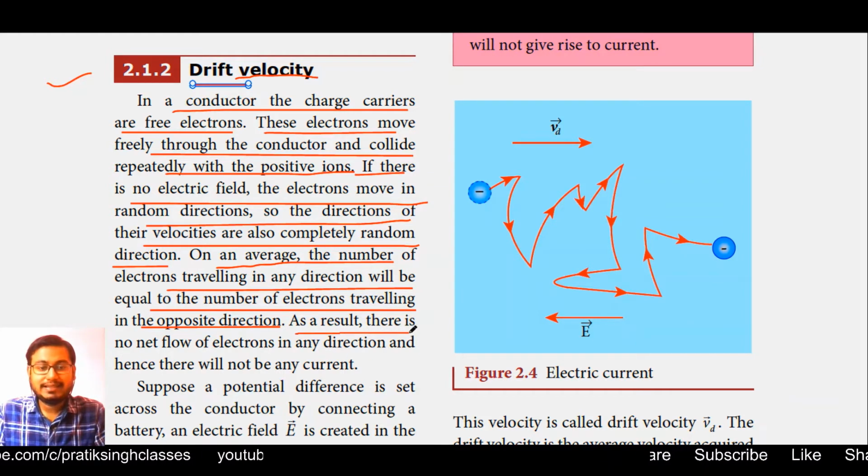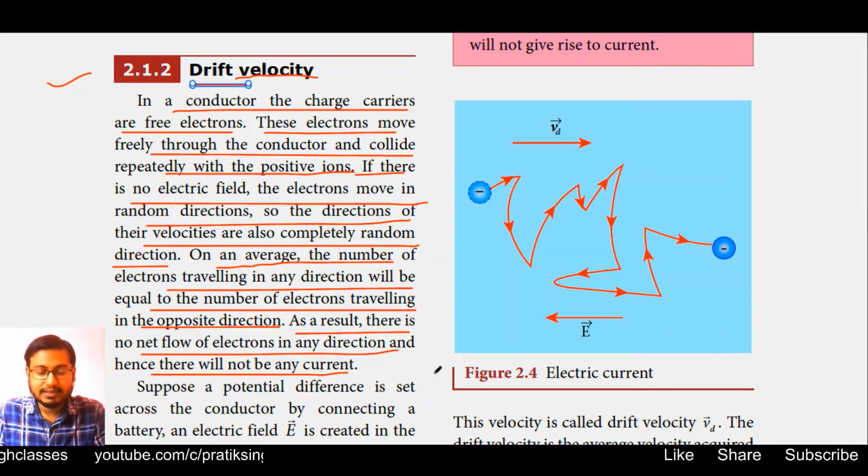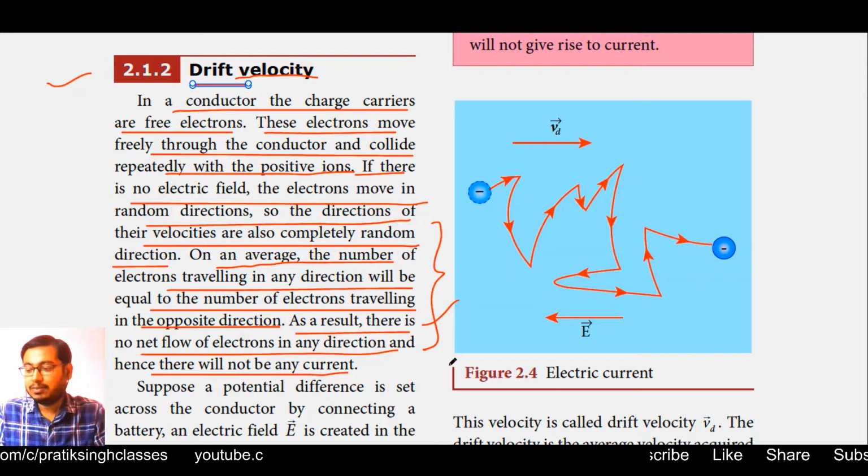So as a result, there is no net flow of electrons in any direction, and hence there will not be any kind of current in the conducting material, whether the material is in solid state or liquid state or gaseous state. Even in a solid, when we see that it is not moving, if we see it at the microscopic level, the atoms inside will have a lot of electrons, and there will be a lot of free electrons in the three-dimensional array of the material, and they are always in movement.